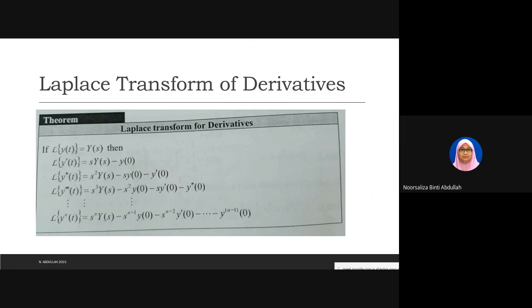So this derivative method is actually what we mostly use in solving the circuit. So kalau ada circuit kita guna this method for Laplace transform. So apa maksud dia?